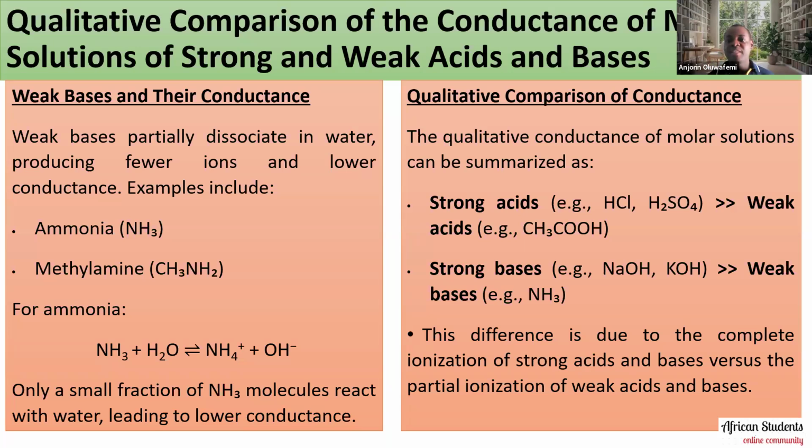So they show better conductivity or conductance compared to weak acids like ethanoic acid. The same thing applies for strong bases like sodium hydroxide and potassium hydroxide. They show a high conductance compared to weak bases like ammonia, which shows lower conductance.